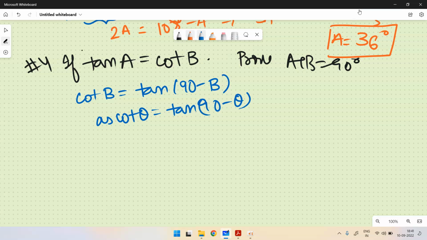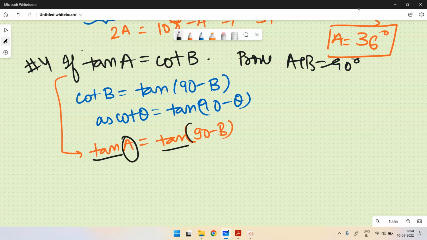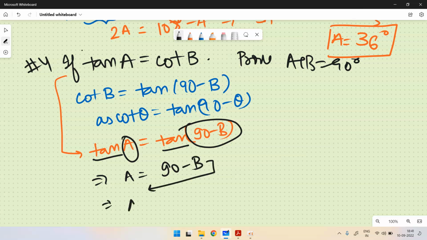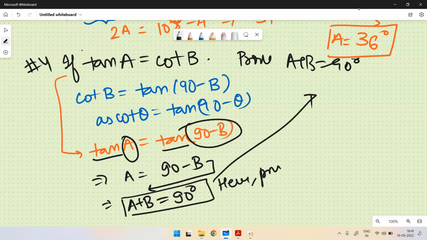So if you substitute this in the expression, my original expression tan of A equals tan of 90 minus B. Since both have tan, the angles inside will also be the same. So A equals 90 minus B, and if you take B to the LHS side, A plus B equals 90 degree. Hence proved.